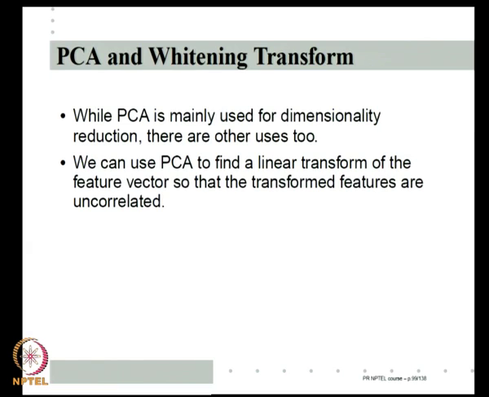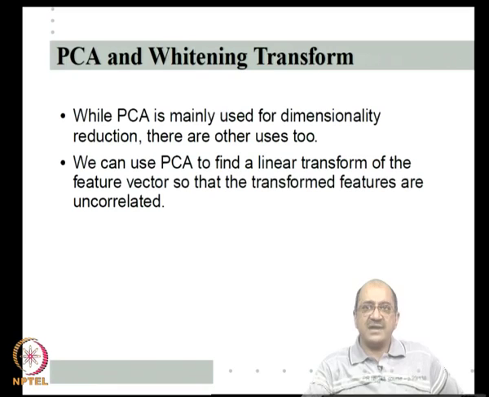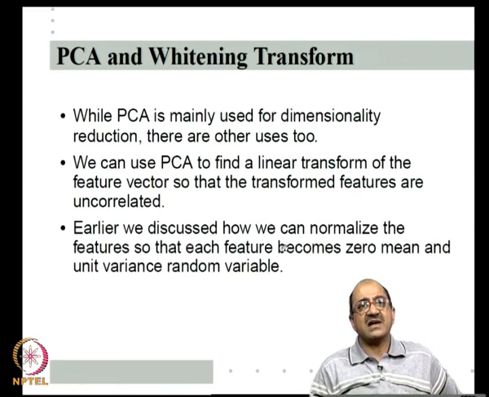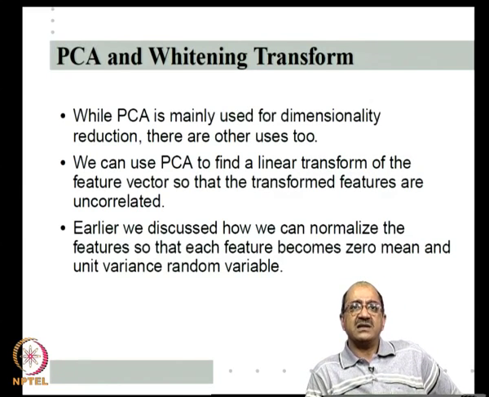When we considered our linear least squares as well as our neural networks and so on, we mentioned that it is always nice to normalize each individual feature component. That is, we want each feature component to have 0 mean and unit variance. That can be done by taking each feature component, finding its sample mean and sample variance from the data, and then doing a simple linear transformation so that the mean and variance of each feature component are standardized.